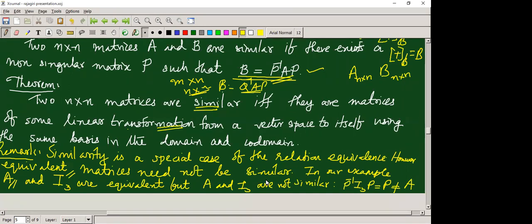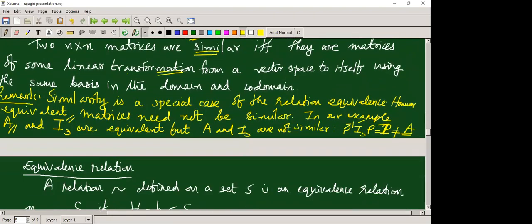If they are similar, there is a matrix P such that P inverse AP is equal to I3. But you take any invertible matrix P, you will get P inverse I3 P, which is equal to P inverse P, because this is the identity matrix, and that is I, and that is not equal to A. So equivalent matrices need not be similar matrices.